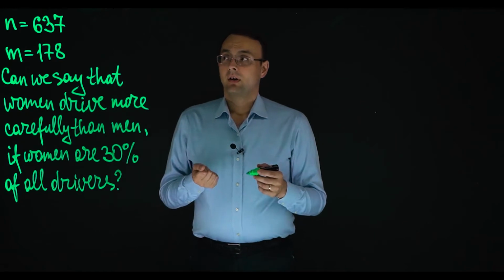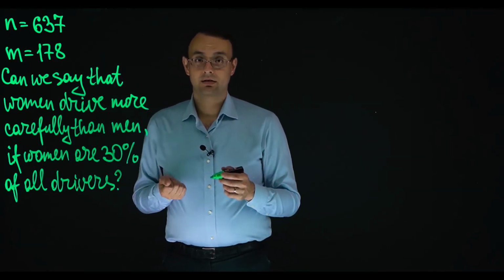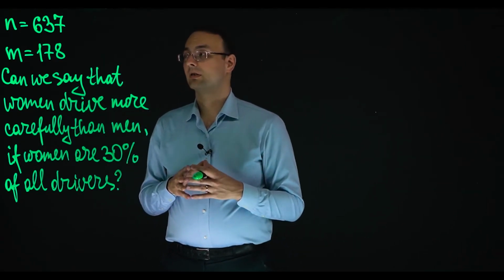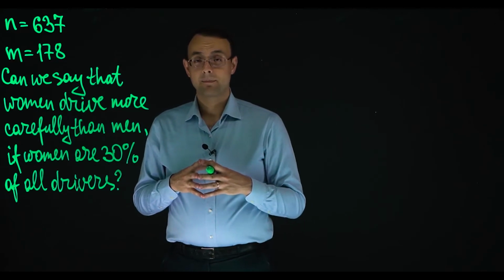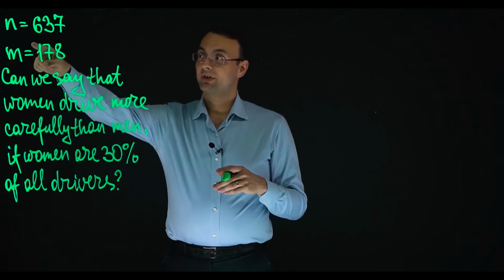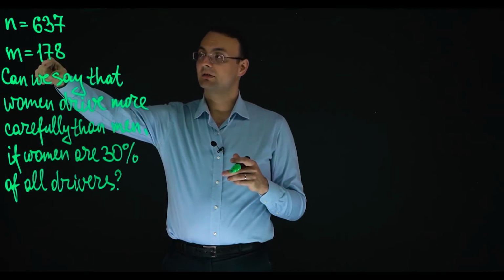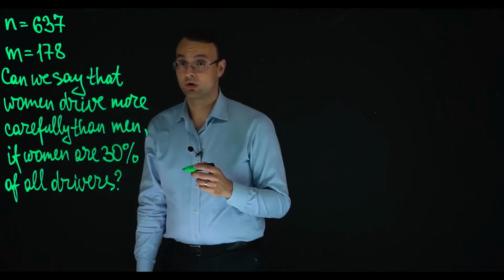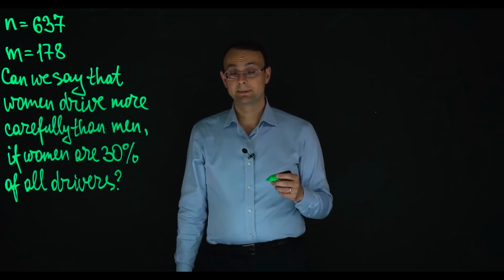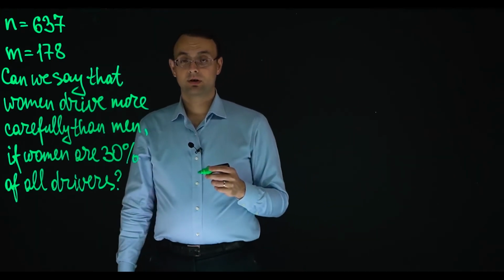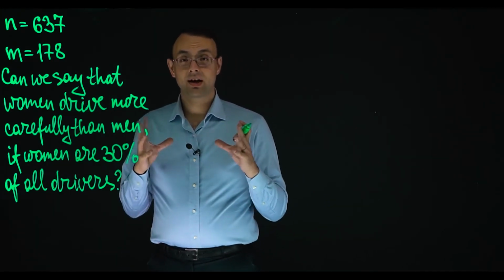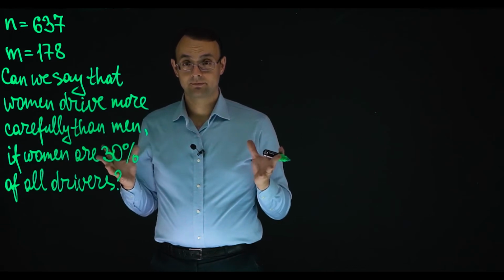Let us say that a woman is a success, and so this is the total number of trials in a series of Bernoulli trials, and this is the number of successes. So M and N are given, and what is the hypothesis we are going to test?